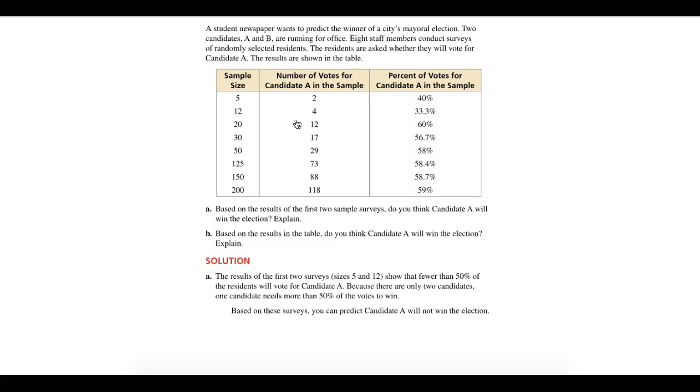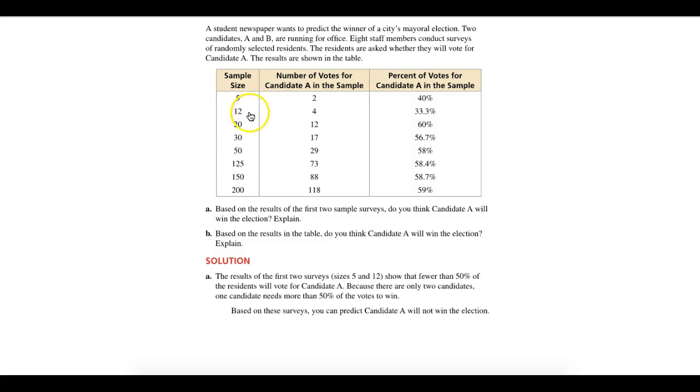It's like flipping a coin. It's 50-50 that heads or tails will come up, but if you flip it 5 times, you may have 3 heads and 2 tails, or 4 heads and 1 tails. That doesn't mean that heads comes up 80% of the time, but it means in that experiment or in that sample, our percentages are skewed a little bit.